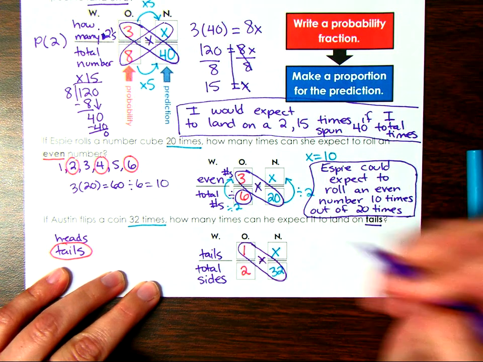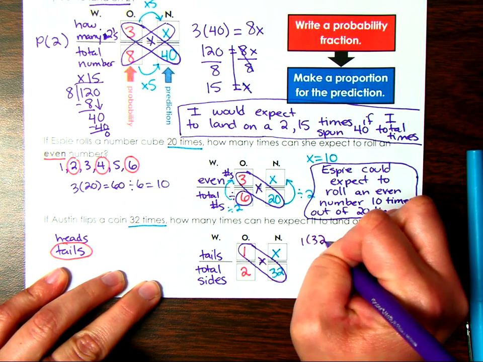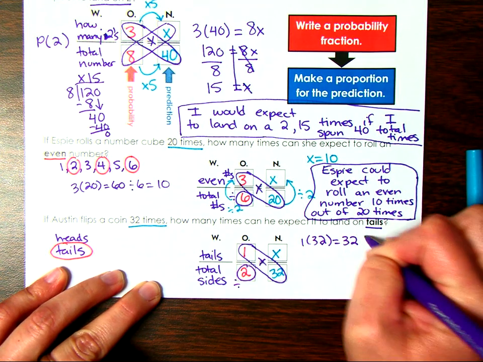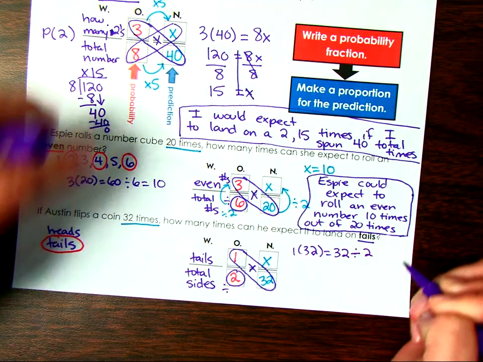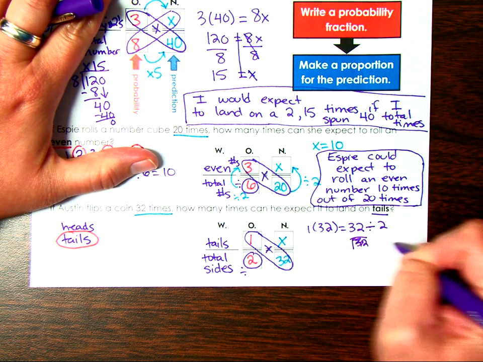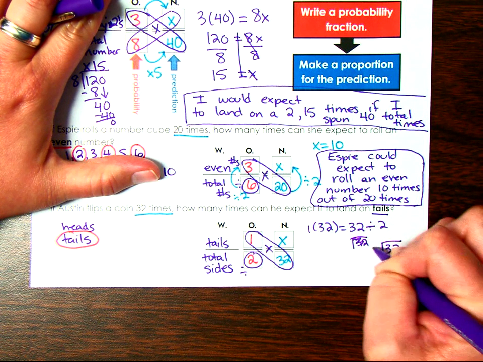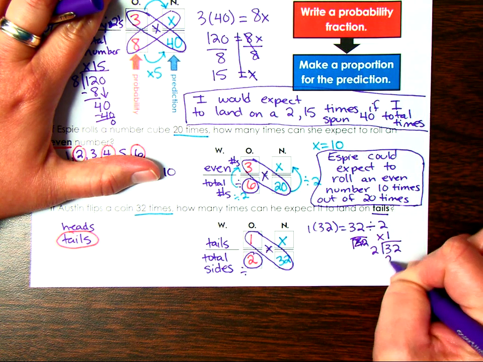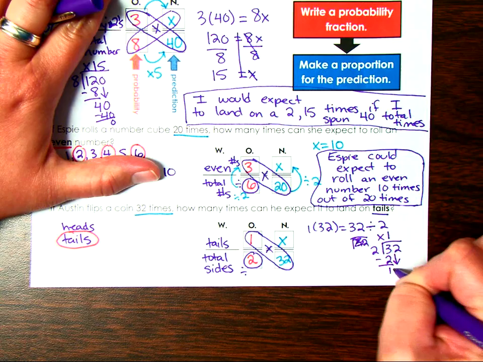1 times 32 is 32, and then divide by 2. So 32 divided by 2, let me get a little bit more workspace. 2 goes into 3 once. 1 times 2 is 2. Subtract, bring down.